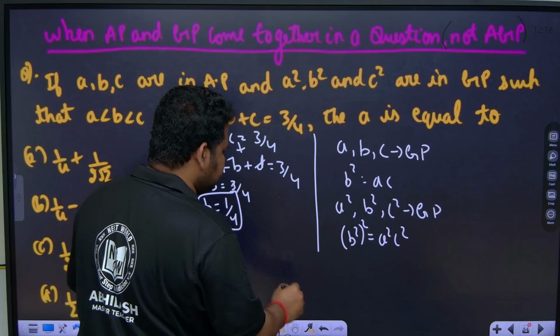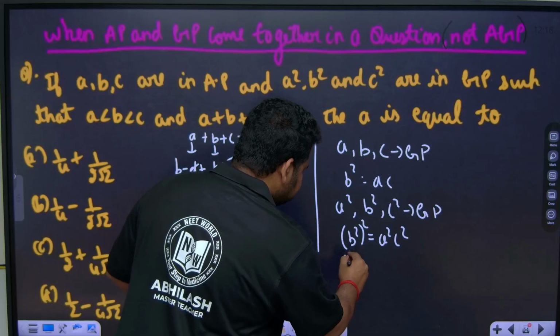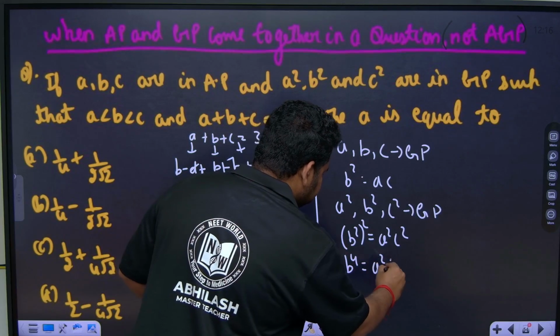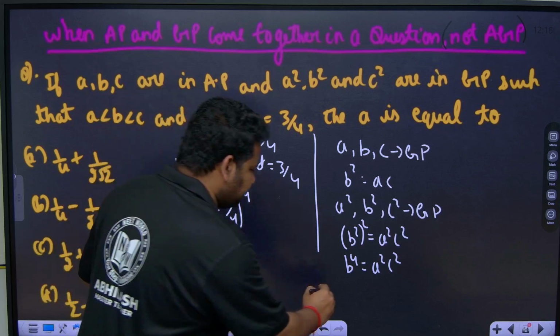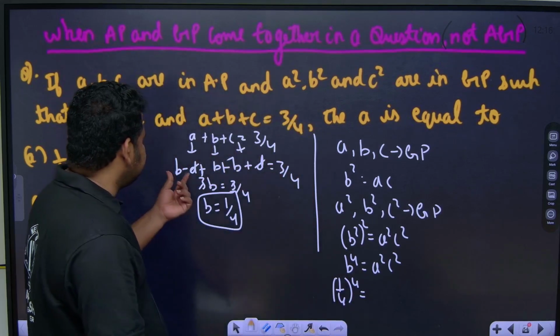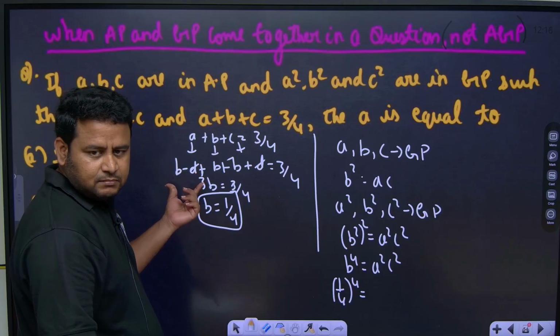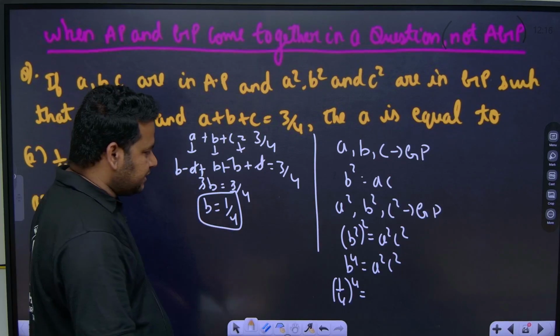I can write it as B to the power of 4 is equal to A square C square. Now B to the power of 4 is nothing but 1 by 4 to the power of 4. A square is nothing but B minus D whole square. Correct? But B is 1 by 4, I can write it as what?